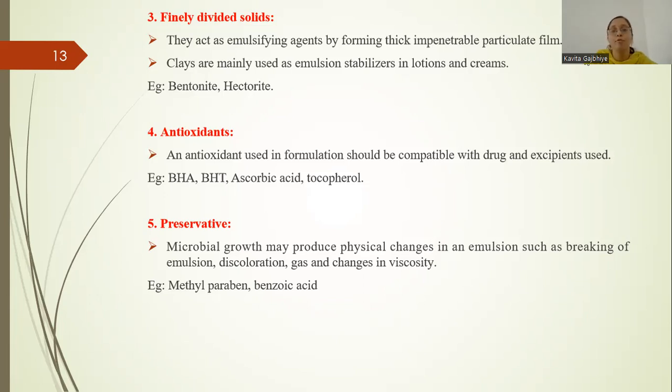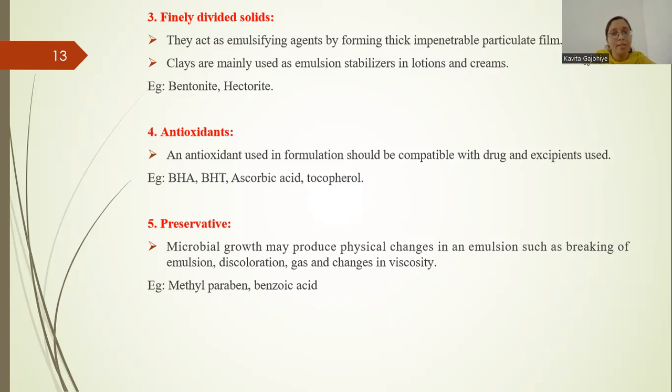Whatever antioxidant we use should be compatible with the drug and excipients. Examples are BHA, that is butylated hydroxyanisole, BHT, butylated hydroxytoluene, ascorbic acid, and tocopherol. These are some examples of antioxidants to be added in emulsion.